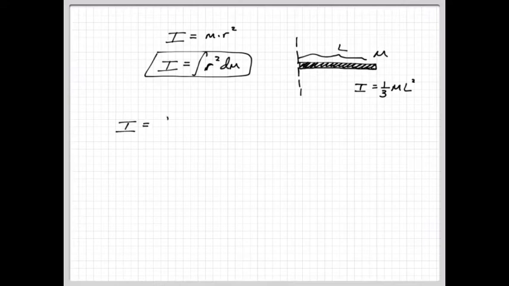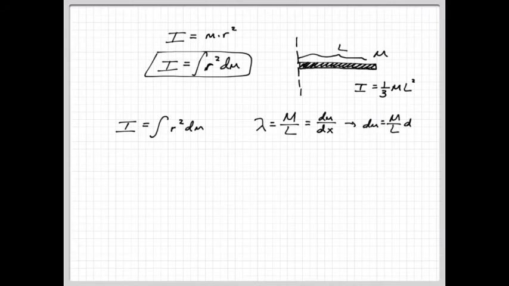Well, it's the integral of r squared dm, and it's uniform density and along a line. Again, uniform density means that this ratio is the same everywhere along the line. So that means that dm is equal to M over L dx.